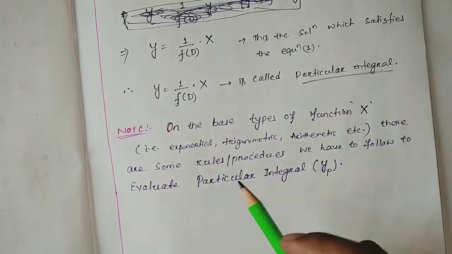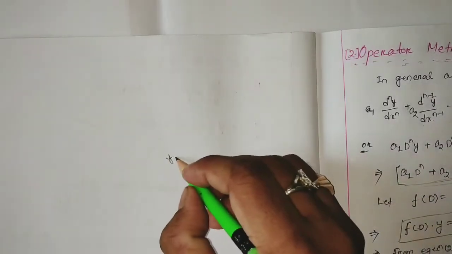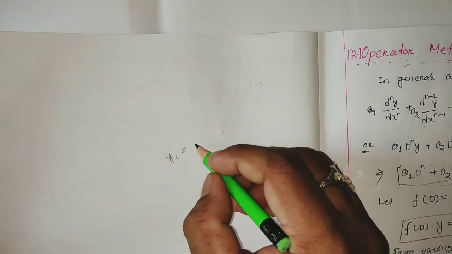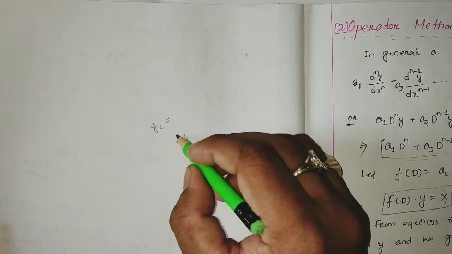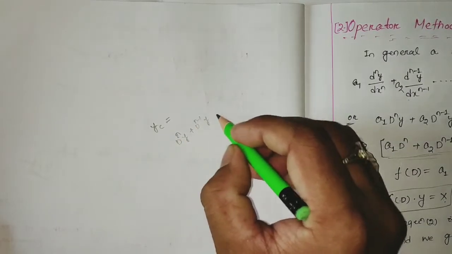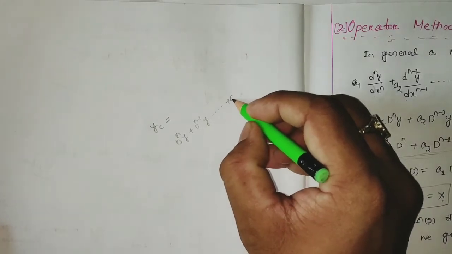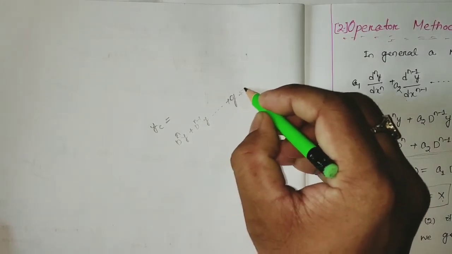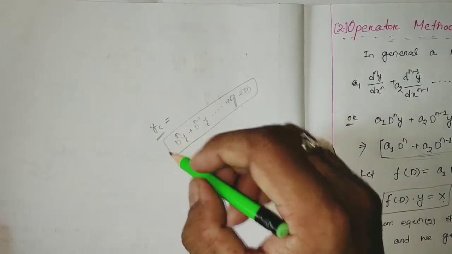Because as we know, the complementary function yc is only valid for d^n y plus d^(n-1) y and so on plus y equal to 0. If the right hand side is 0, then we can find the complementary function.